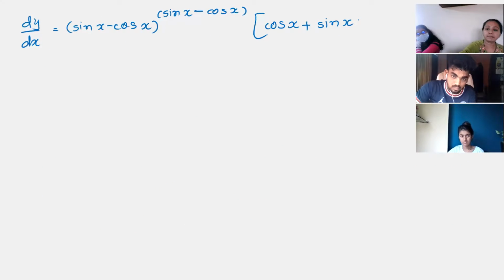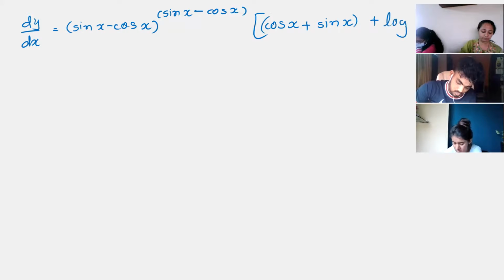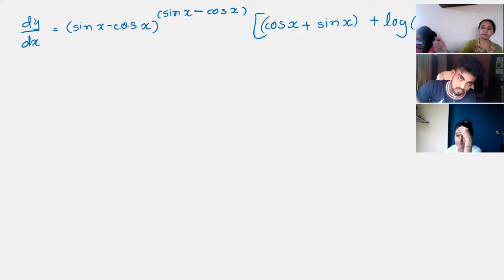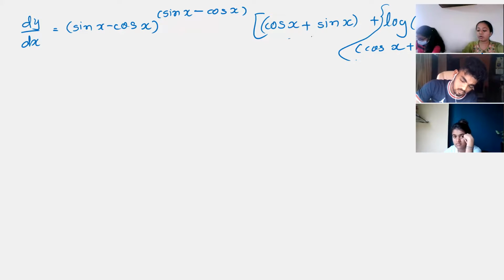Plus log as it is, sin x minus cos x, and inside the bracket cos x plus sin x. As we can see that these two are in multiplication, I cannot add these two directly, but I can take common.